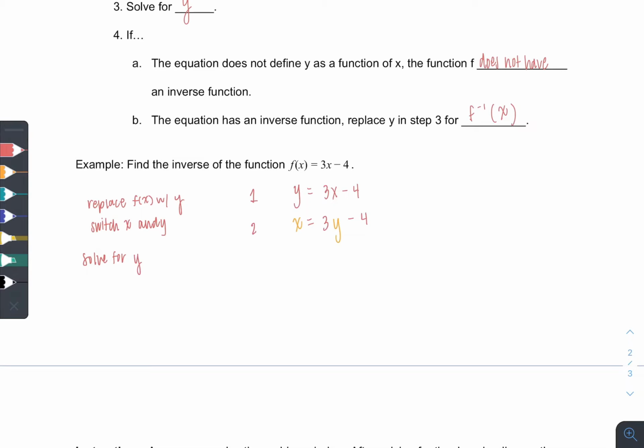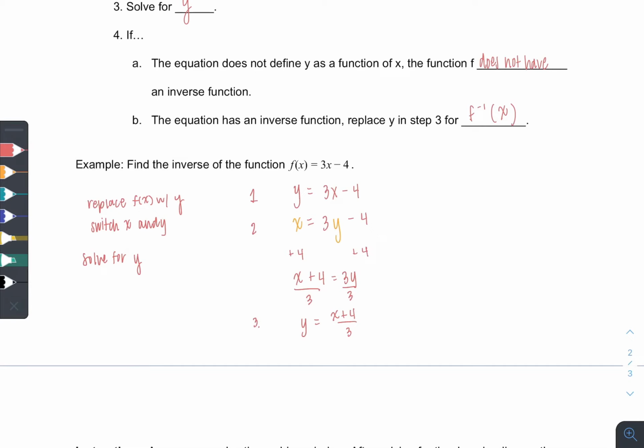So we want to get y by itself. Okay, so the way we do that, we're going to add 4 to both sides. Get x plus 4 equals 3y. Divide by 3. So then y equals x plus 4 over 3. That was all step 3.